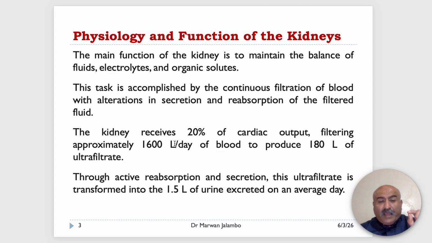To give you an idea of the scale, the kidney receives 20% of our cardiac output, filtering about 1,600 liters of blood per day to produce 180 liters of the ultrafiltrate.